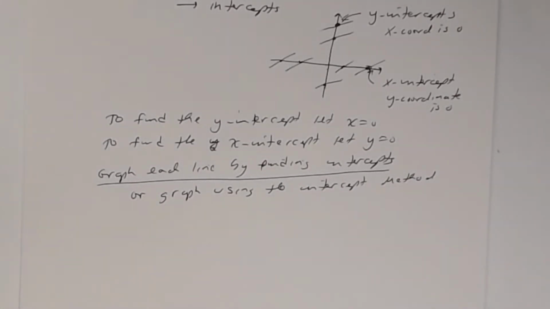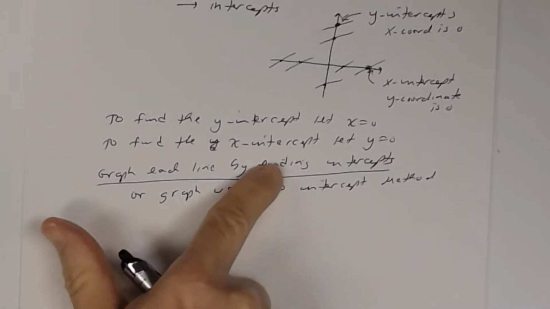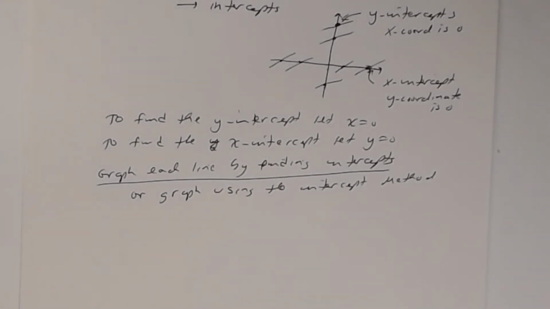The intercept method just means the x-intercept and the y-intercept. Don't confuse that with slope-intercept. If it said use the slope-intercept, then it would actually use the word slope in it. If it says intercept method, they're talking about the x-intercept and the y-intercept.